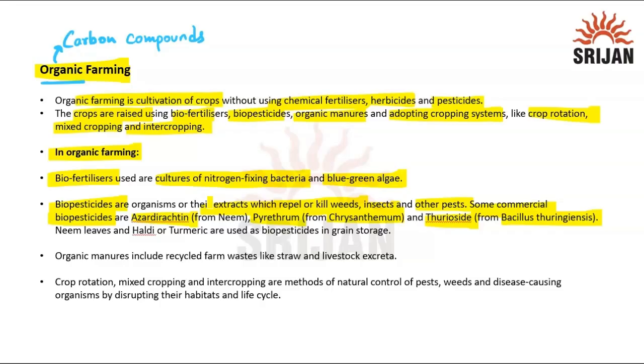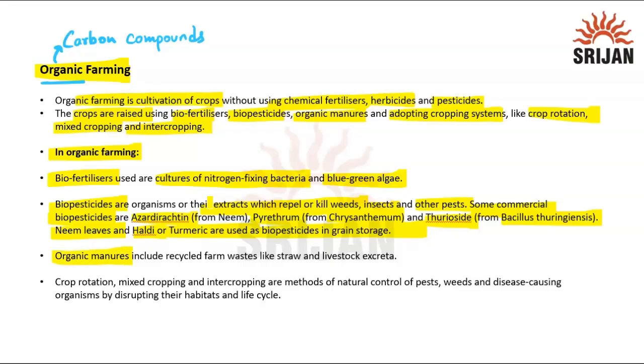But it is still a natural way of getting that product. Neem leaves and haldi or turmeric can also act as a pesticide when you store grain, because they repel insects.